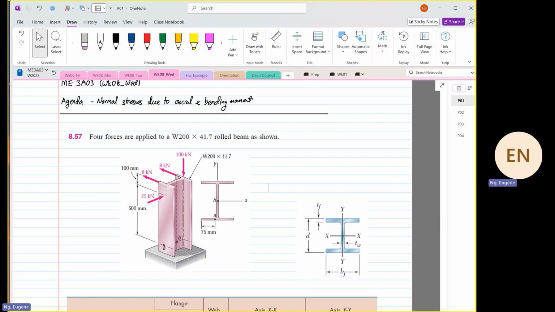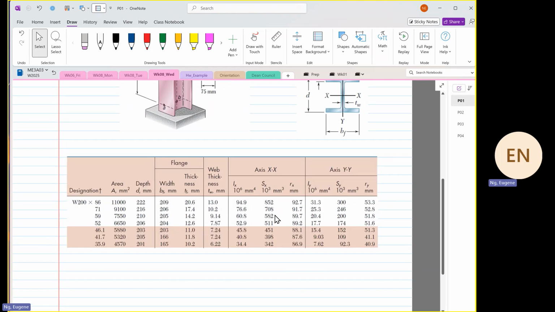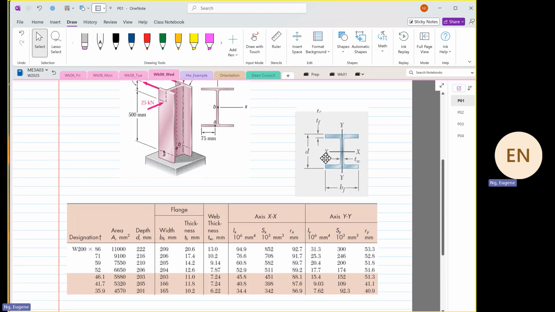Okay. So on Avenue to Learn, you will have this image together with the information regarding the cross section of our structure. Okay.